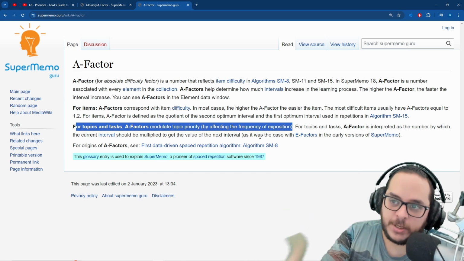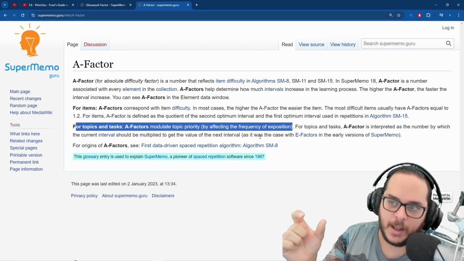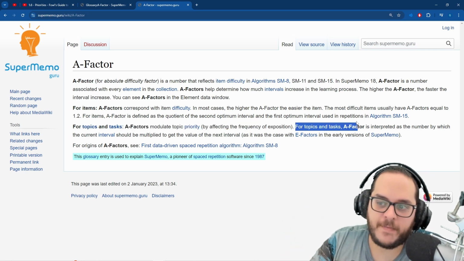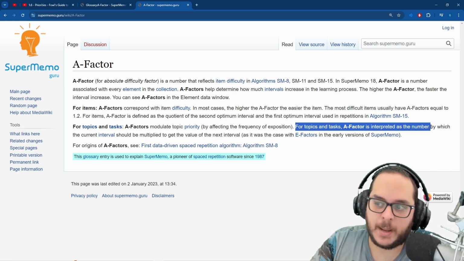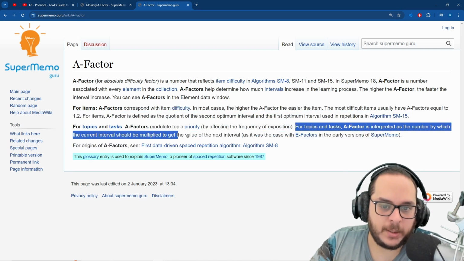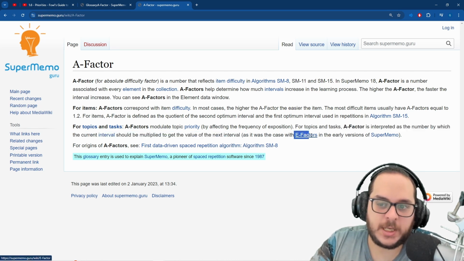Because as a result, they will have a lower A factor. For topics and tasks, the A factor is interpreted as the number by which the current interval should be multiplied to get the next interval, basically. So what we described in Anki as ease is the E factor. Happens to be the same letter. Ease.